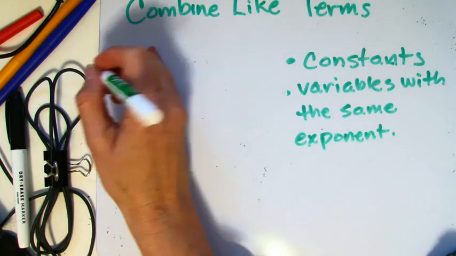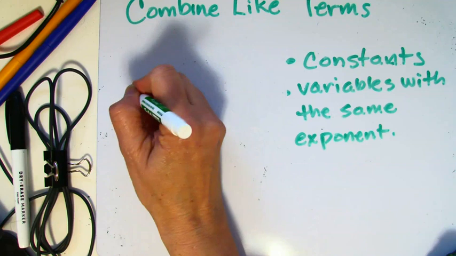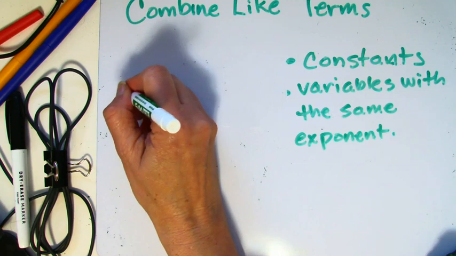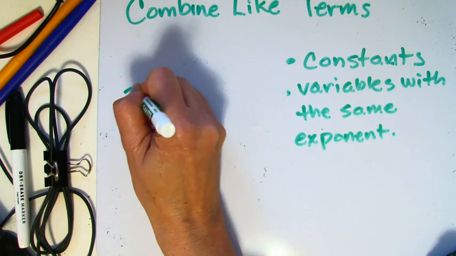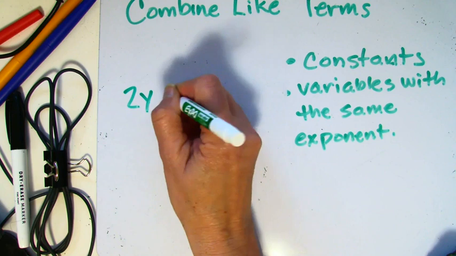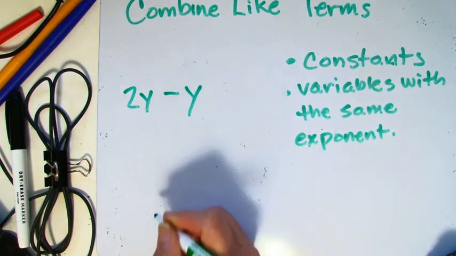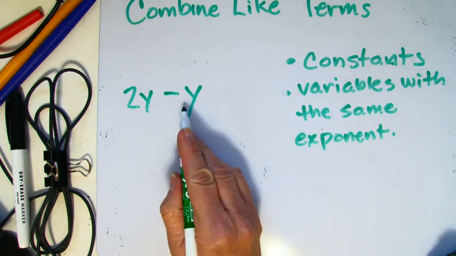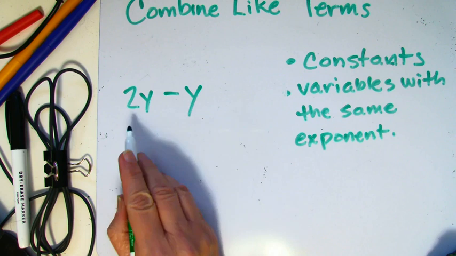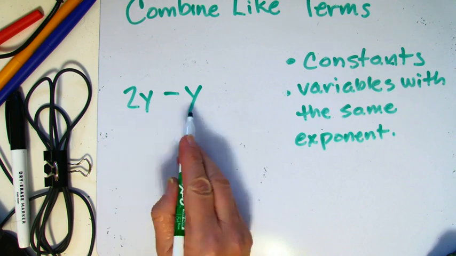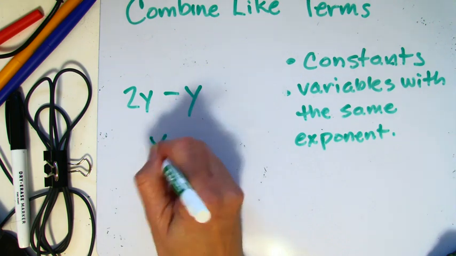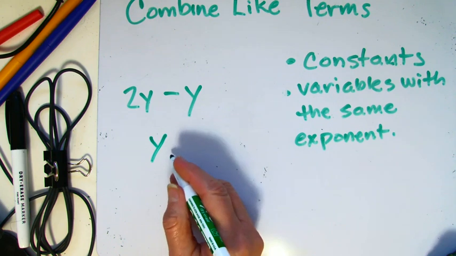Now sometimes the variable is not x. You might have y's. So 2y minus y. Remember, this is 1y. So if I have 2, I'm going to take away 1. I'm left with 1y, or just y.